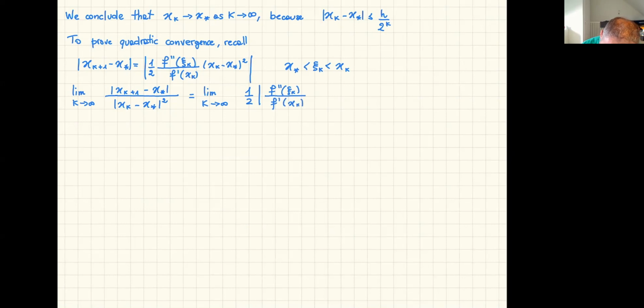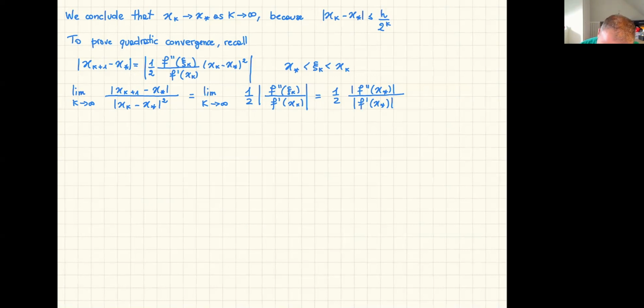So the claim that I now have is that this limit is a half the absolute value of f double prime at x star divided by f prime at x star. This is perhaps immediate, but it's a very easy statement to make without really thinking about why you're making it. In here, I'm using several things.